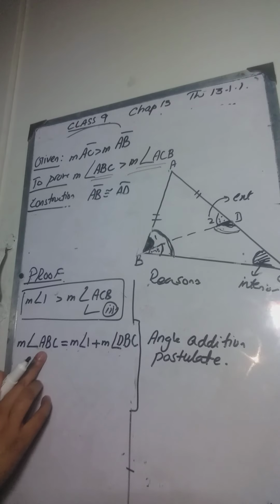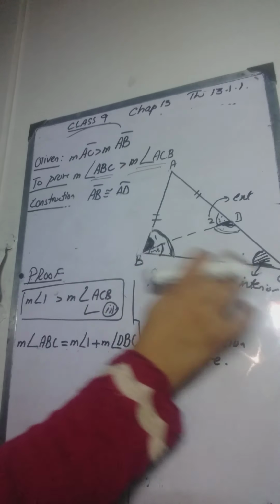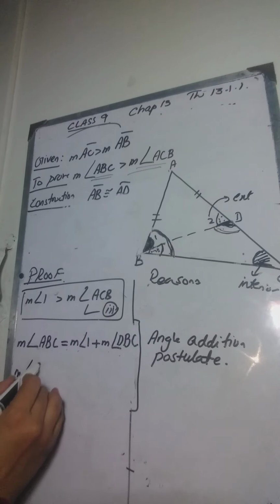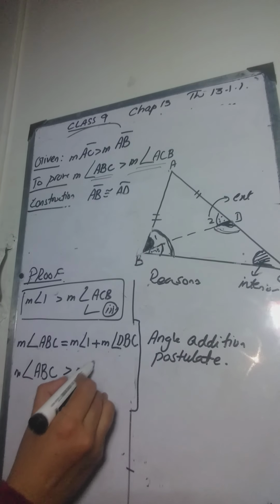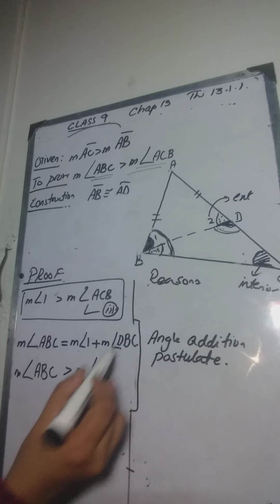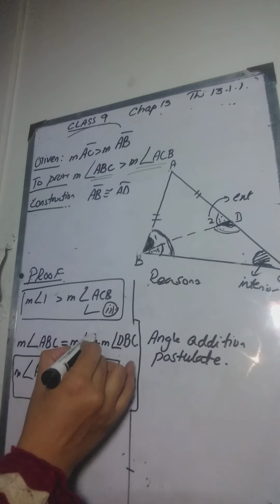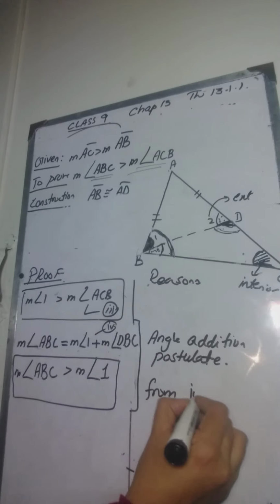Now, as it is clear from here and from the figure also, angle ABC is greater than angle 1. The measurement of angle ABC is greater than the measurement of angle 1, as it is clear from the figure and from equation 4.